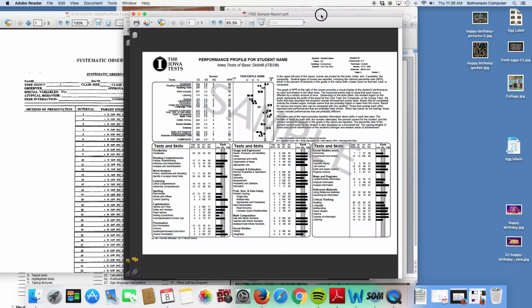This is an Iowa Test of Basic Skills. This used to be one that was really commonly given. I took this test as an elementary school, or as a public school student. I don't remember when we quit taking it. And then I also administered this test.